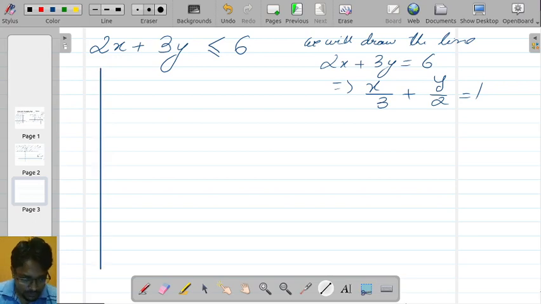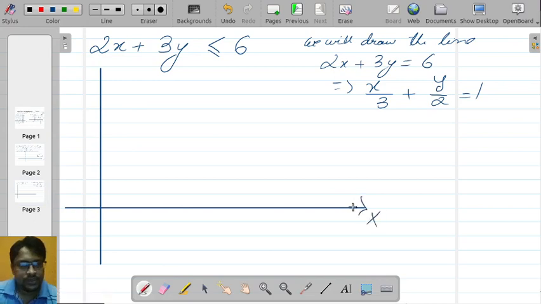Suppose I have drawn the axes first. So this is the x-axis, this is the y-axis. I make some equal markings here. It is very important to make equal markings, otherwise you will not get the correct diagram. It's x by 3, so x is 3, 1 2 3.